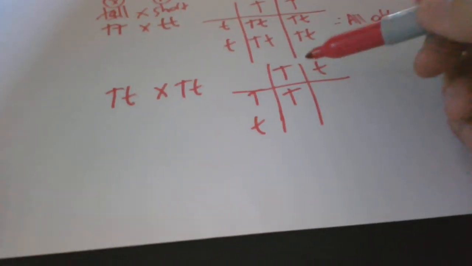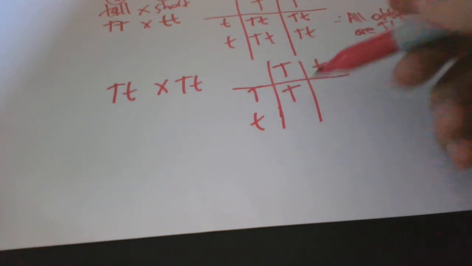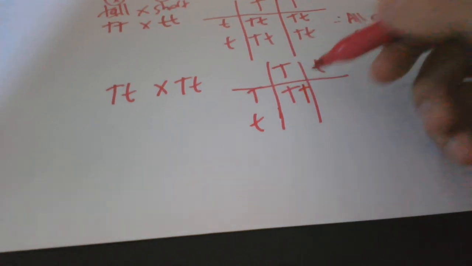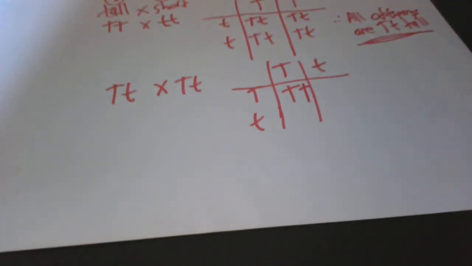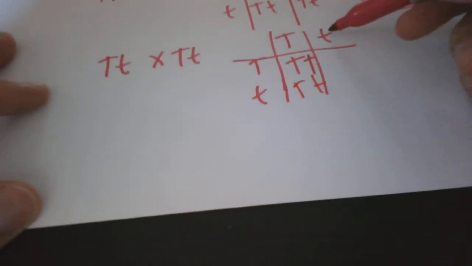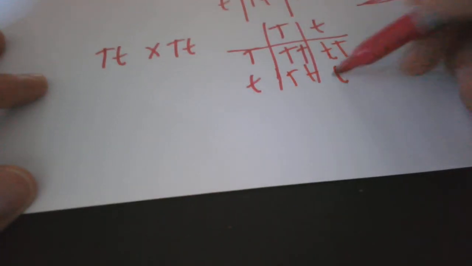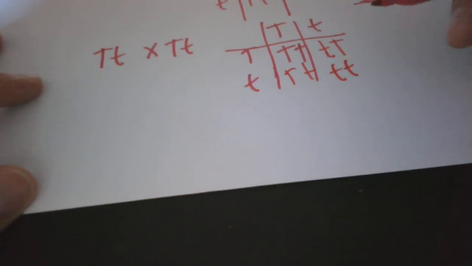I'm just filling out the Punnett square, so capital T, that's what you get with two T's, and another capital T. Okay, so what does a big T and a small t make? Well, that makes a big T and a small t. What's a small t and a big T make? Small t, big T. What's a small t and a small t make? That makes two small t's, right?